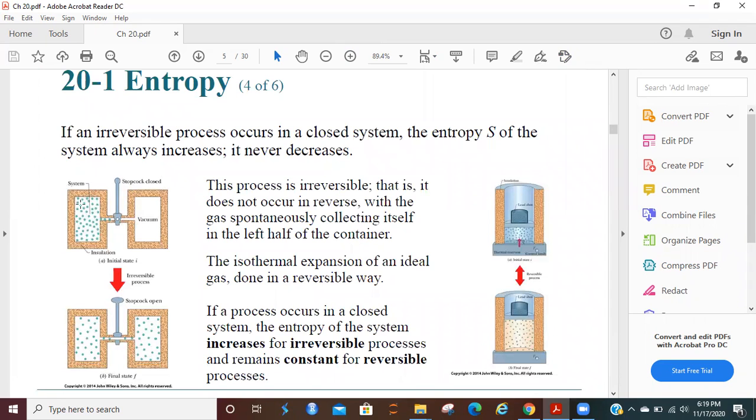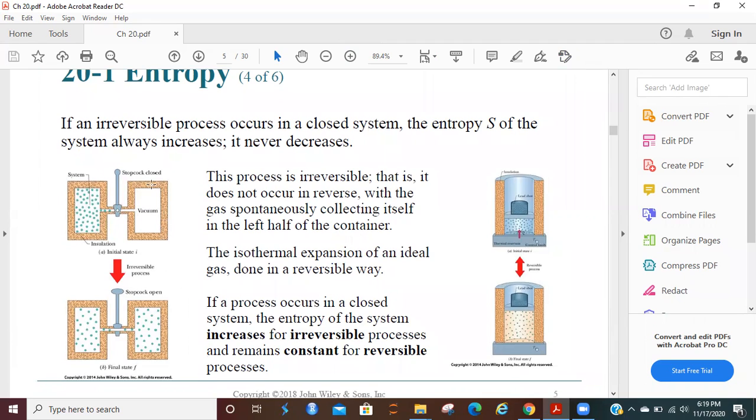We have our system here, we have some insulation, we have a vacuum. If you take this stopcock and pull it up and allow the gas to go from one side to the other, there's really no way to take this and put it back. That's why we consider it to be irreversible.